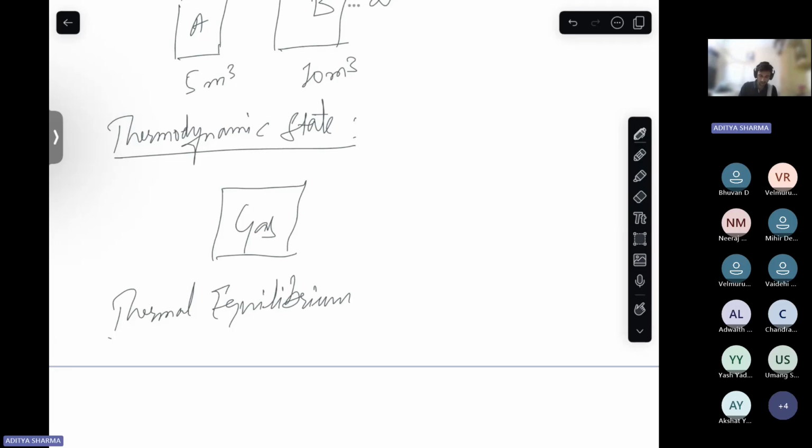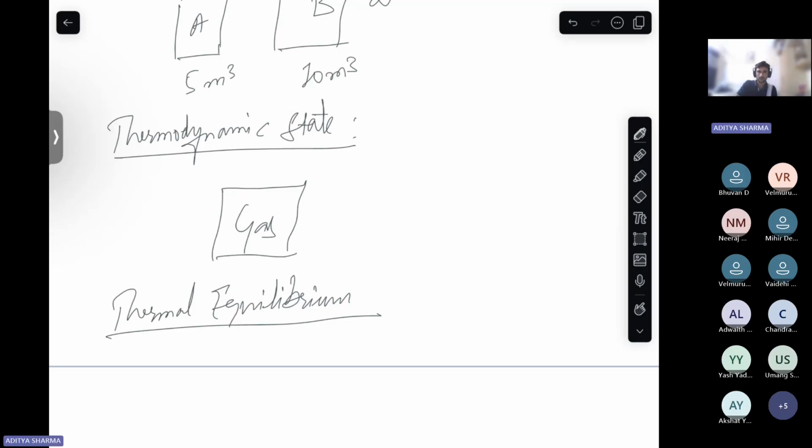And why has this equilibrium been introduced? What is the purpose of discussing this equilibrium? This has been discussed in your lectures also.